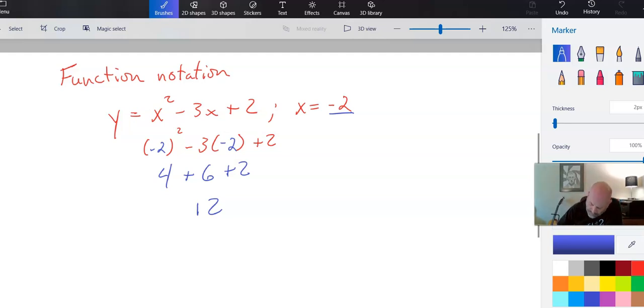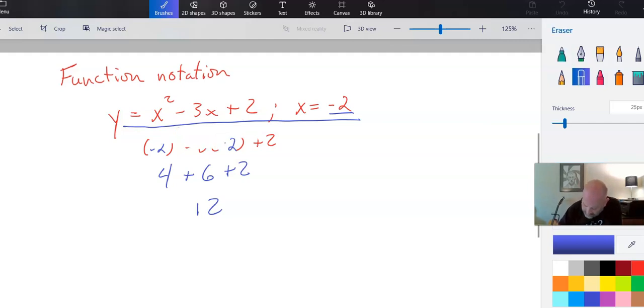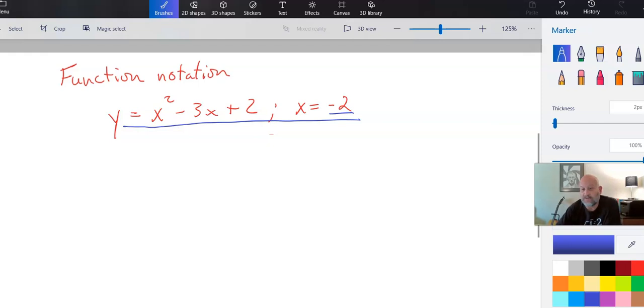Well, there's a little bit more convenient notation than this, and it's the function notation. So this is how the function notation works. Let me go ahead and get rid of some of this stuff so we can compare these directly. We already know the answer is 12, right? Now, this is how it's written in function notation if we want to find what y is equal to when x is equal to -2.